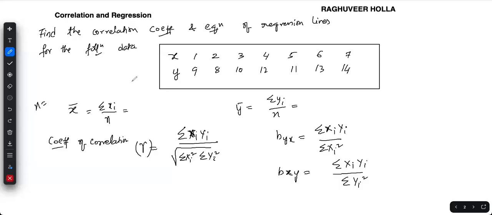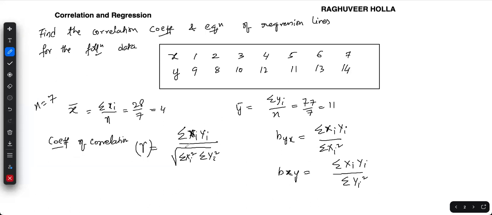The summation of xi is 28 divided by 7, which is 4, and the summation of all y is 77 divided by 7, which is 11. So I got x bar and y bar.